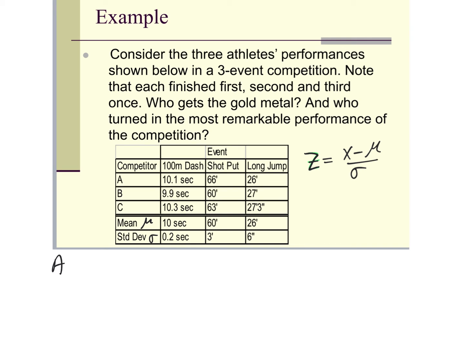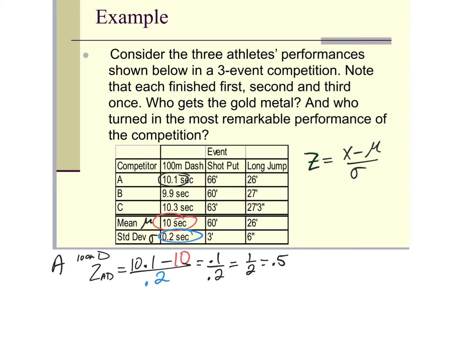So for competitor A, we have the 100-meter dash. His z-score, A for the dash, is his time, 10.1 seconds. And we don't put the units in here. Minus the mean, which is 10 seconds, divided by the standard deviation, which is 0.2 seconds. So we subtract 10.1 minus 10 is 0.1 divided by 0.2, which is 1/2 or 0.5.